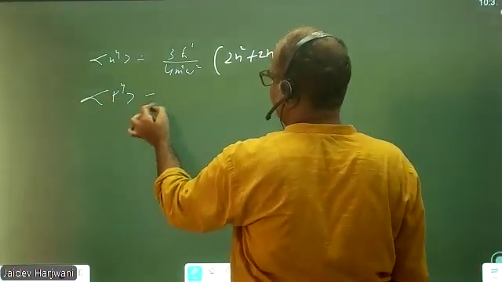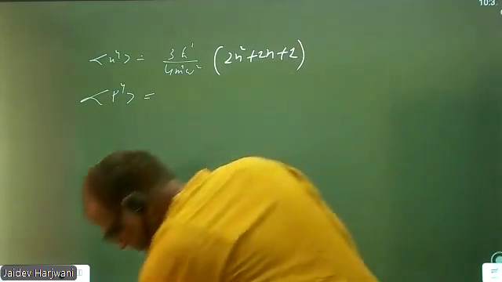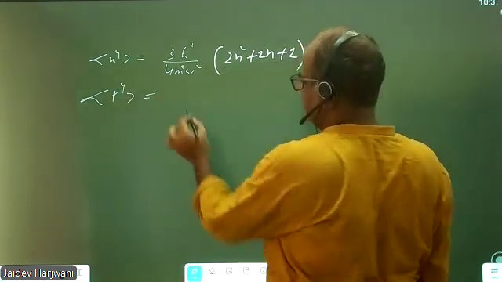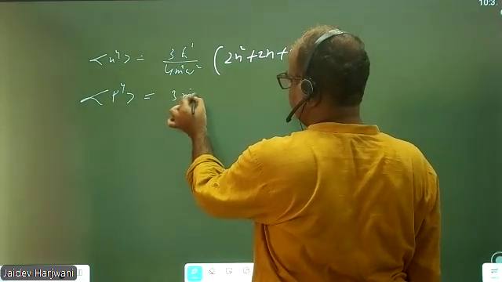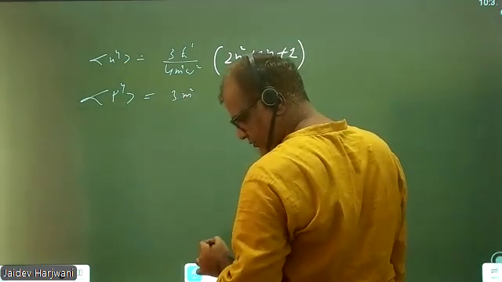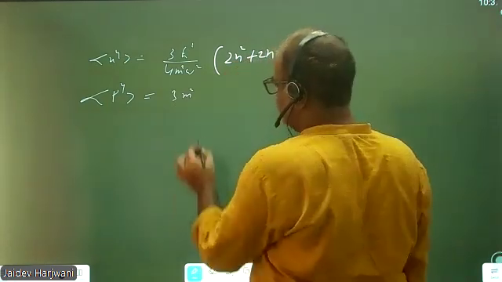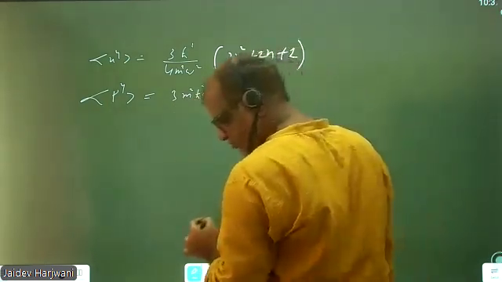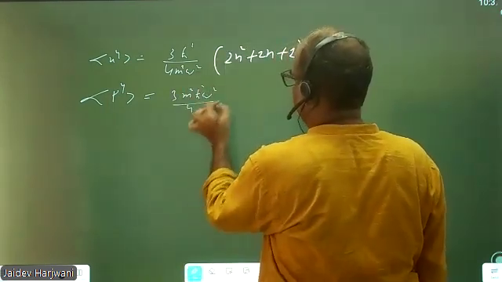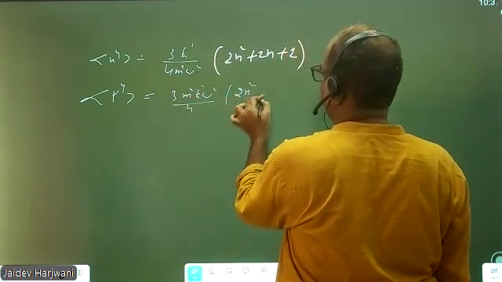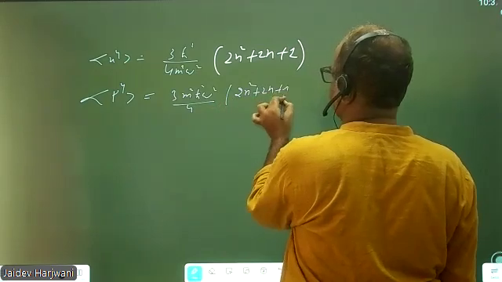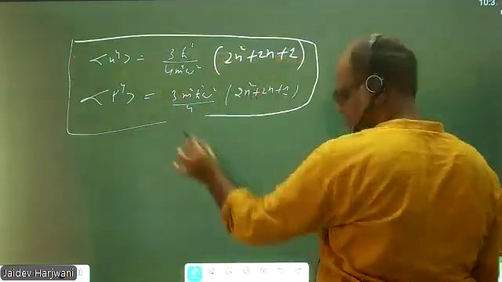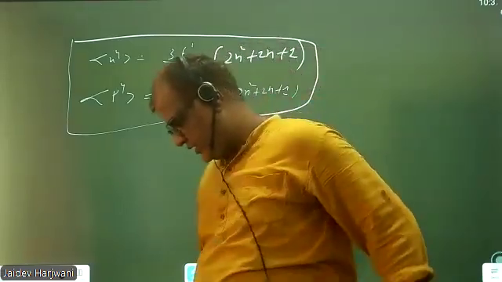For p⁴, there will only be a difference in the constant. You'll get 3m²ħ²ω² upon 4, and this expression remains the same, 2n² plus 2n plus 1. So these are the expectation values. You can check it.